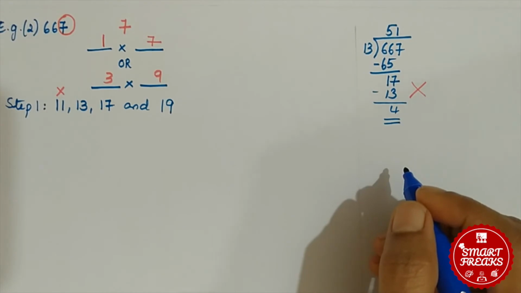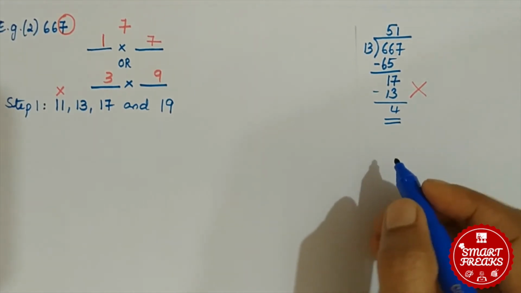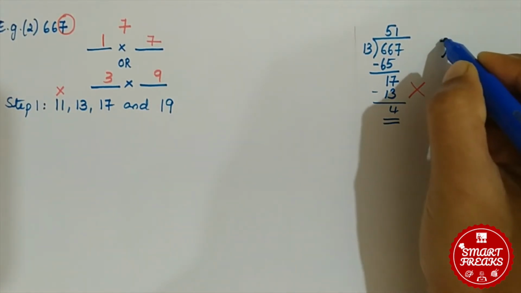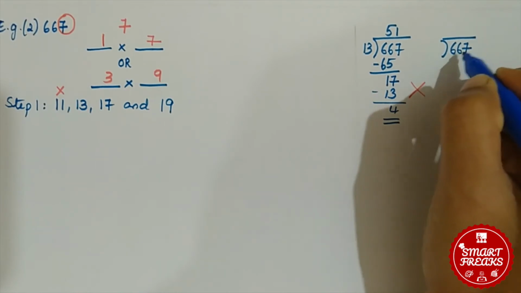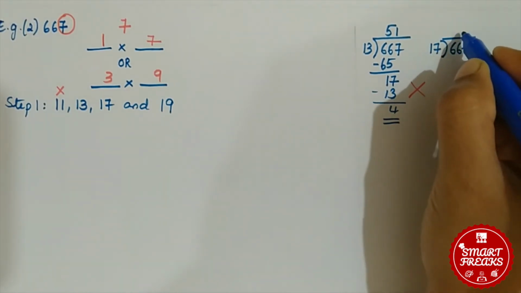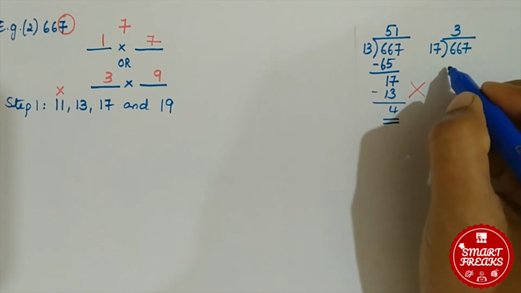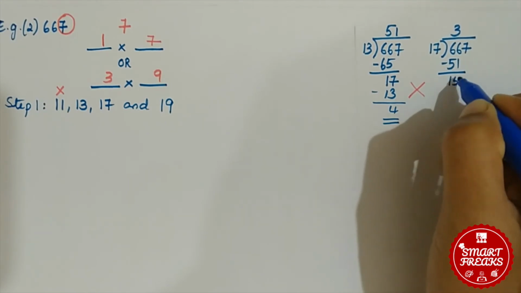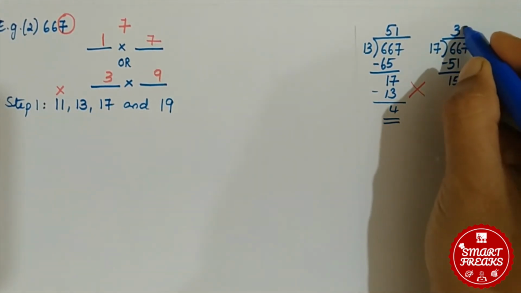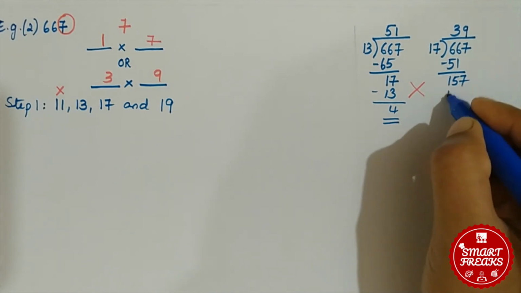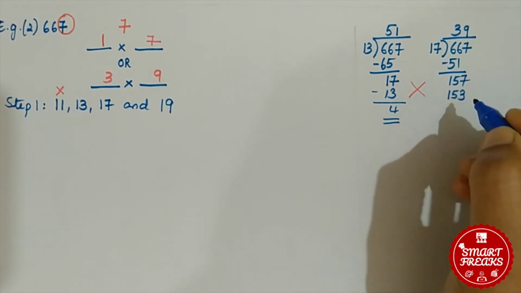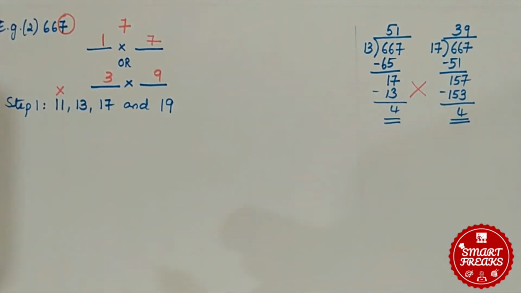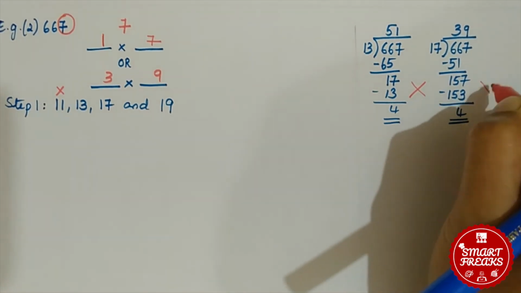Let us try 17 and 19. So that is 667 divided by 17. 17 3s are 51. Subtract, we get 15. Bring 7 down. 17 9s are 153. Subtract, we get 4. Again 17 is also not a factor.